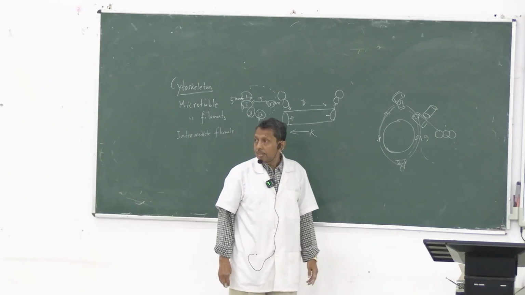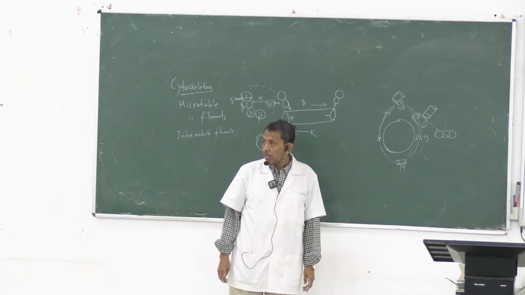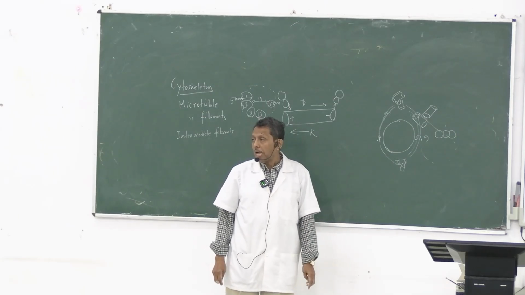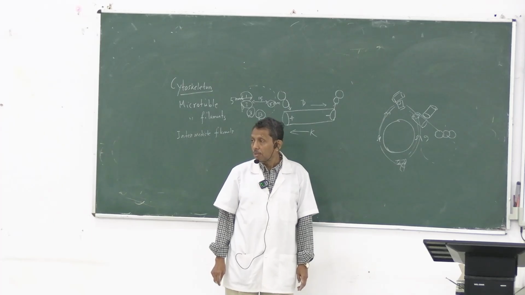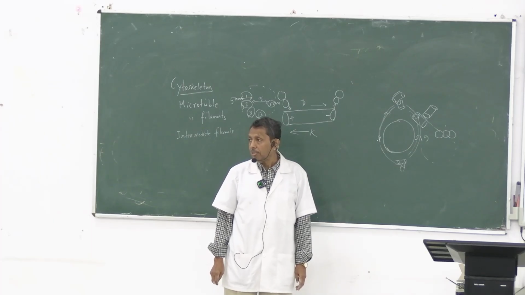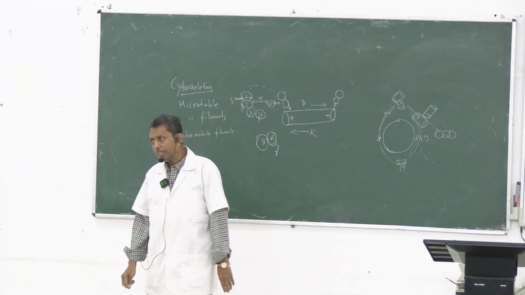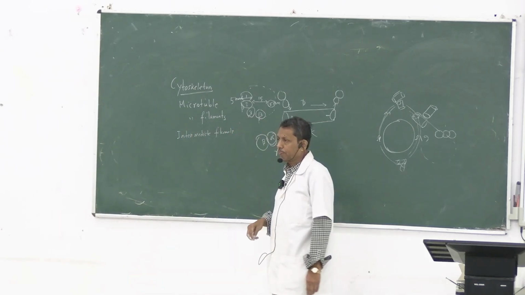Vinblastine, an anti-neoplastic drug, and paclitaxel or Taxol have some effect so that mitosis is arrested. They are anti-cancer drugs. Many things are given in the text; I cannot remember everything in detail, but this is the basic part.